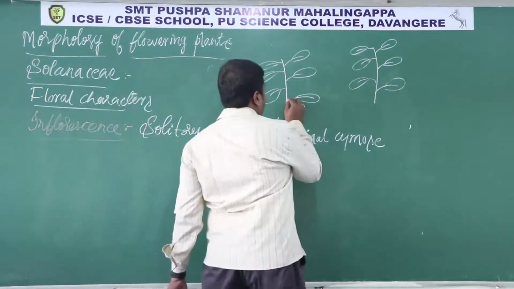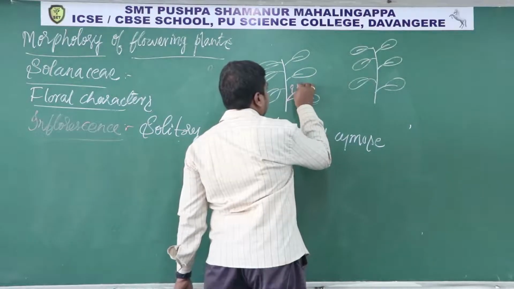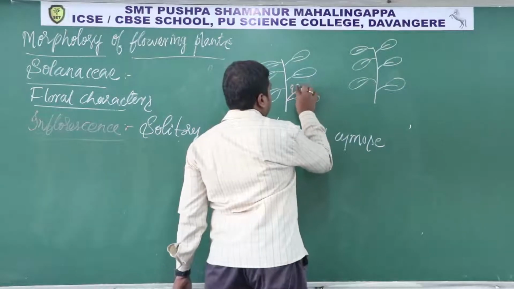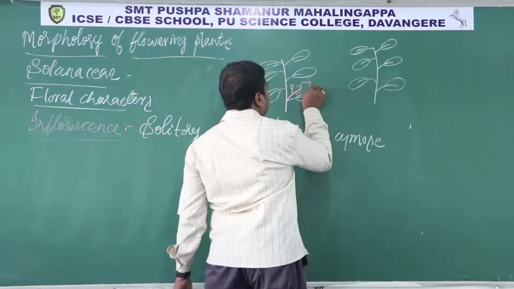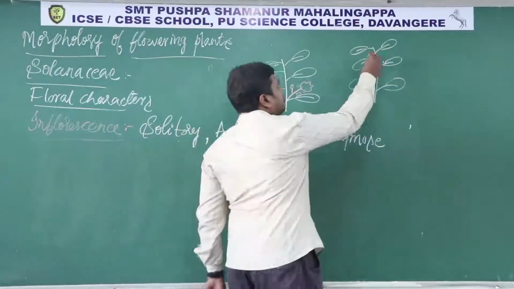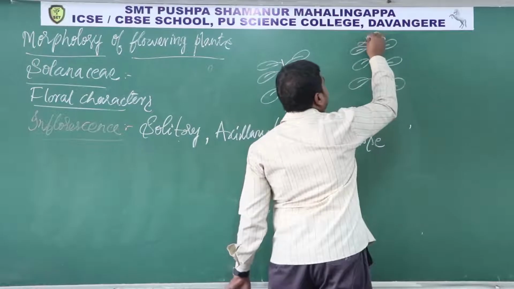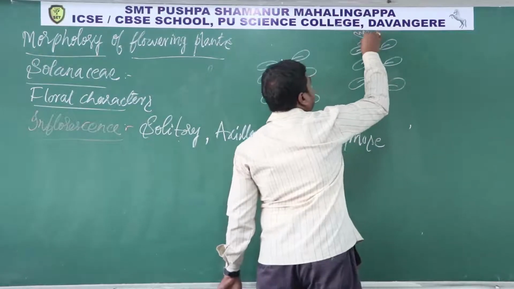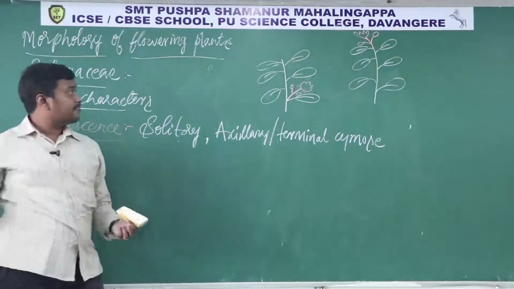Suppose here is the inflorescence axis, older flower at the tip. So this is one kind of inflorescence. Okay, so here is another kind of inflorescence. See the difference here.